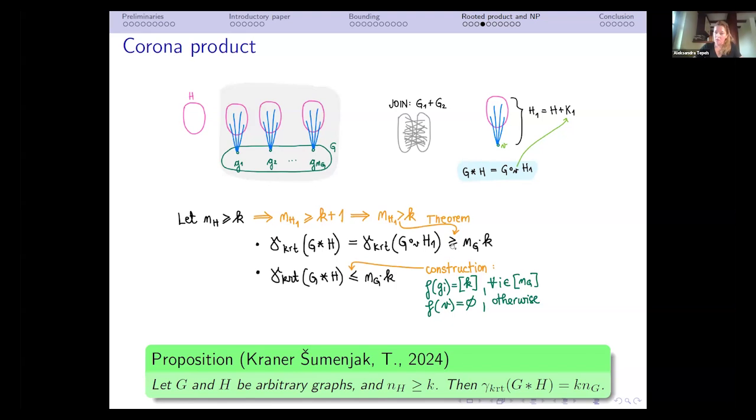So by the previous theorem, this inequality is obtained, and the opposite inequality is obvious because we can construct a k-rainbow total dominating function in such a way that we just put all the colors on these vertices of G, and that's it. So we have closed formulas for corona products in this case.